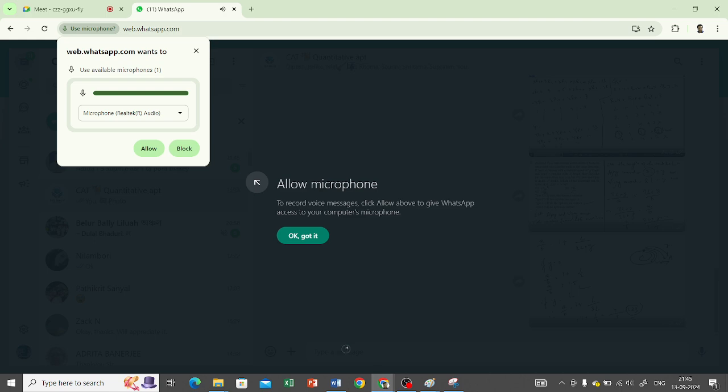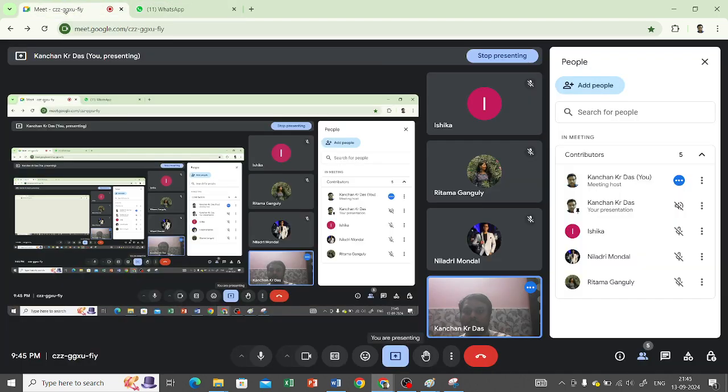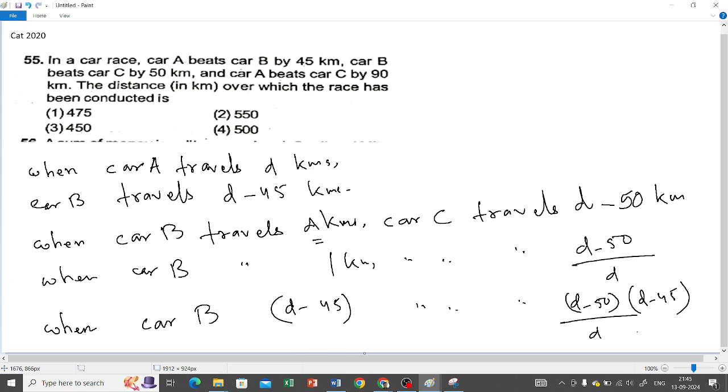Have you understood? Unitary method. So when car B has traveled d minus 45, car C has traveled this much. Now when car B has traveled this much distance, car A has traveled d kilometers.